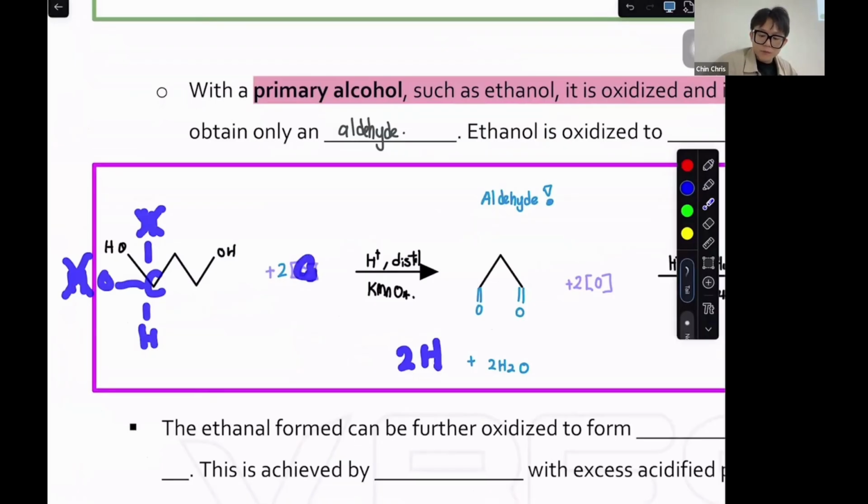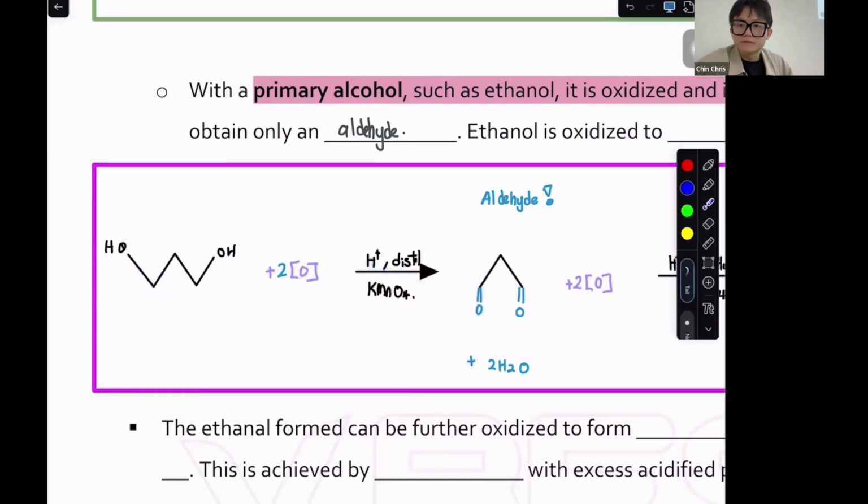The H will combine with the O to turn into H2O. Then this will turn into a double bond O. Can it be KMnO4 or K2Cr2O7? Can be both. KMnO4 or K2Cr2O7 also can.